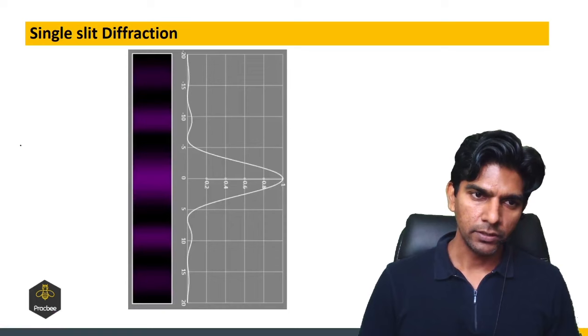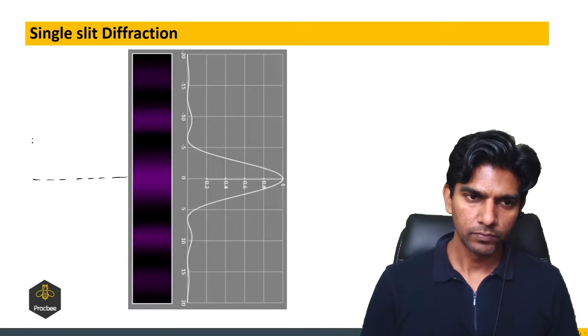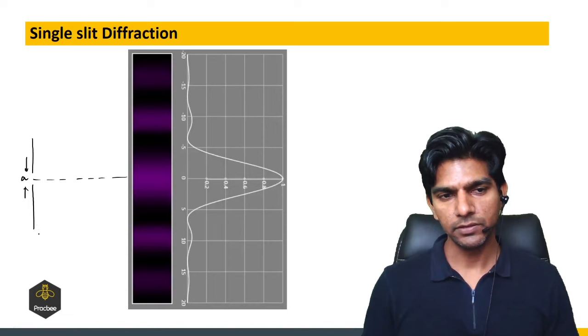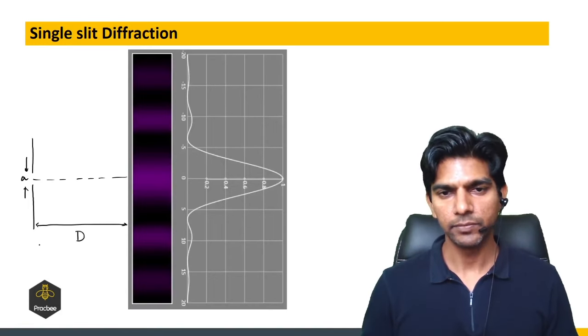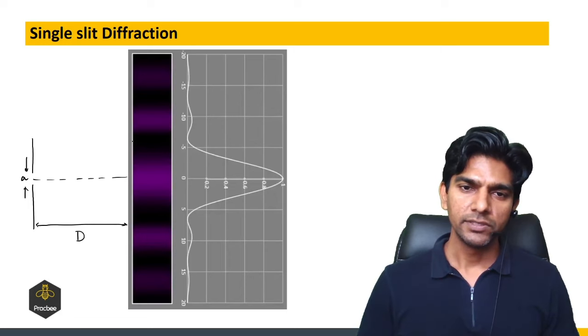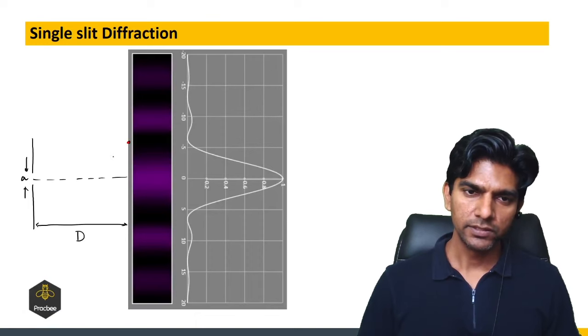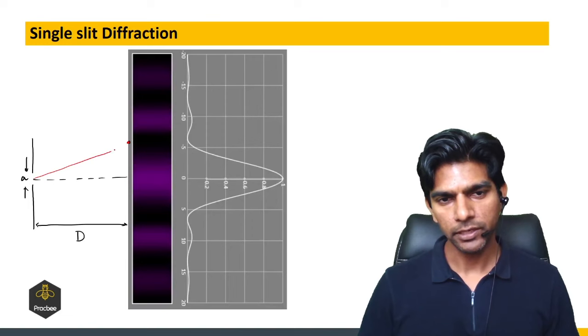So let us say here we have a single slit, and the width of the slit, let us say, is a. So a is the width, and the distance between the screen and the slit is capital D. Now this is the first minima. If I draw a ray, this angle is theta.